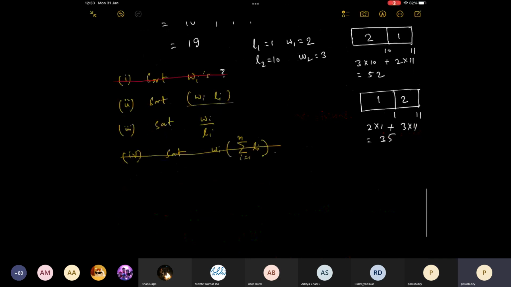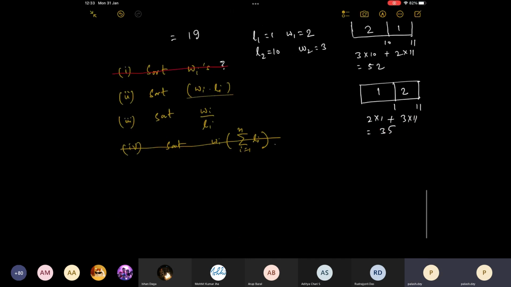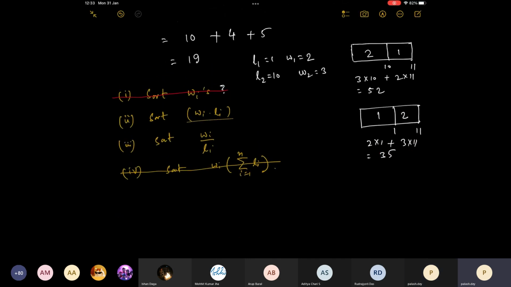Okay. How about the second one? First one is incorrect. Second one. What do you think? If you tell me yes, you need to give me a proof of correctness. Otherwise, give me a counterexample.